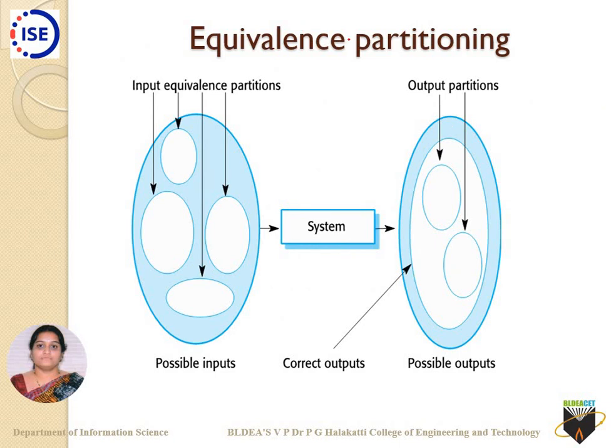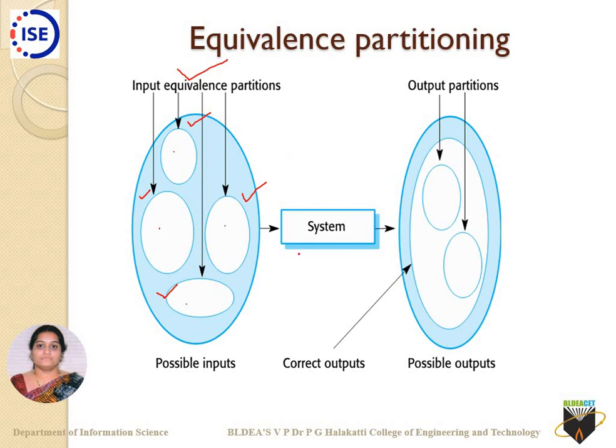Then in this partition testing itself I have equivalence partitions. As I said to you, this is my first partition, this is my second partition, this is my third partition, this is my fourth partition. One amongst each of these I'll take as an input. These are my possible inputs, and in those possible inputs I'm partitioning.